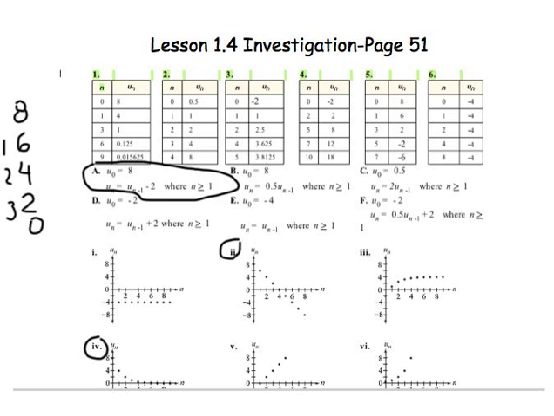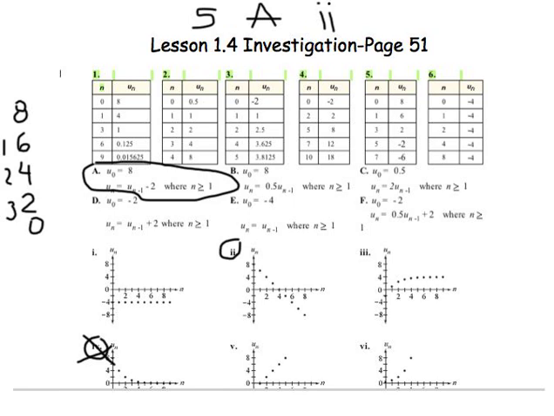Graph 2 also has a starting value of 8, and those are the only 2. I also notice for graph 2, it's decreasing by a constant amount, and it looks like it's decreasing by 2. So therefore, I can eliminate graph 4. So table 5 goes with recursive formula A, goes with graph 2.